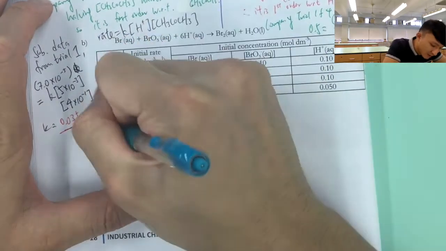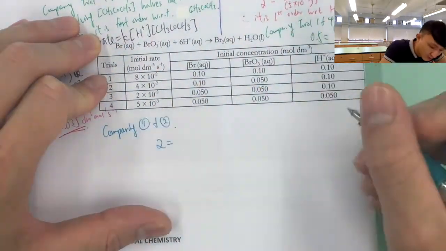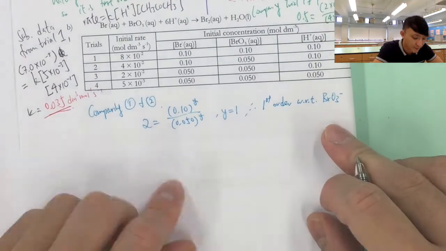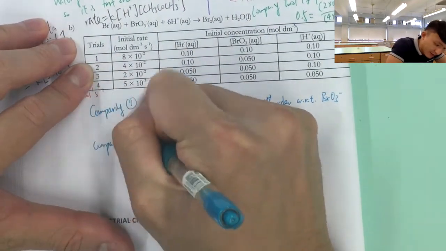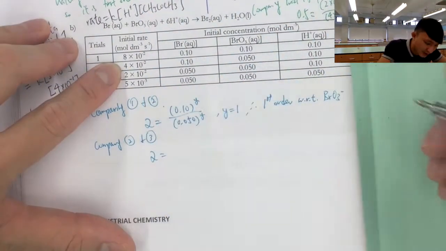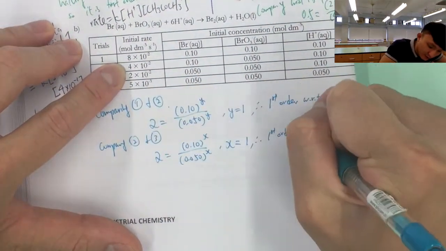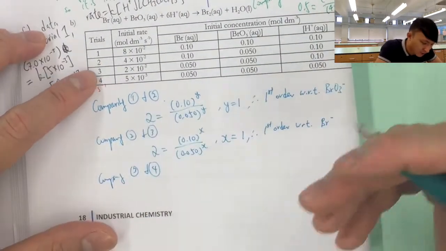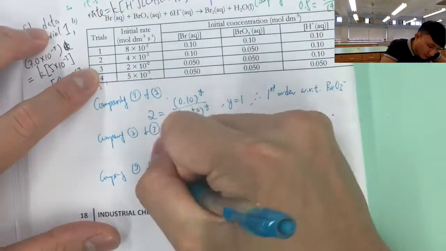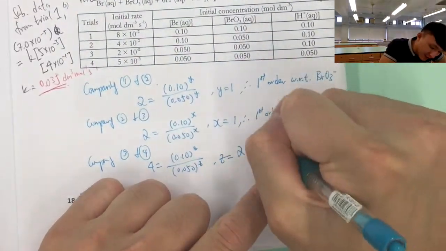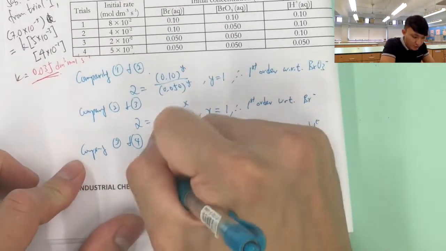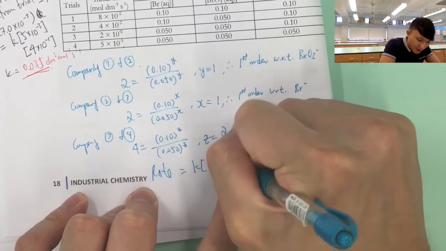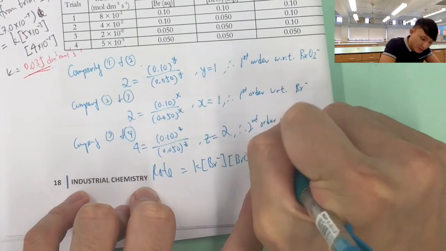Okay, so the overall equation, rate equals k times Br minus, BrO3 minus and also H plus squared.